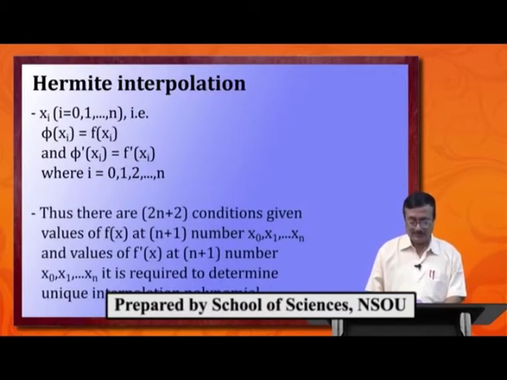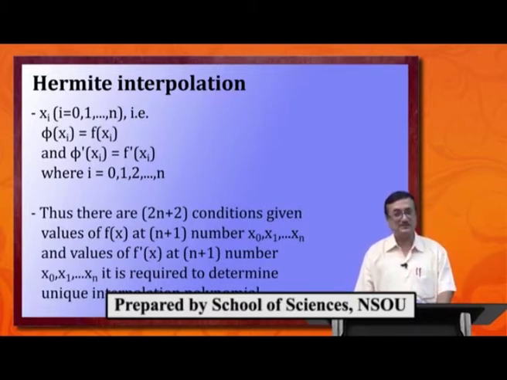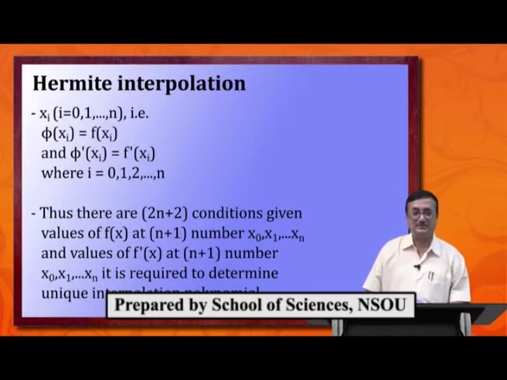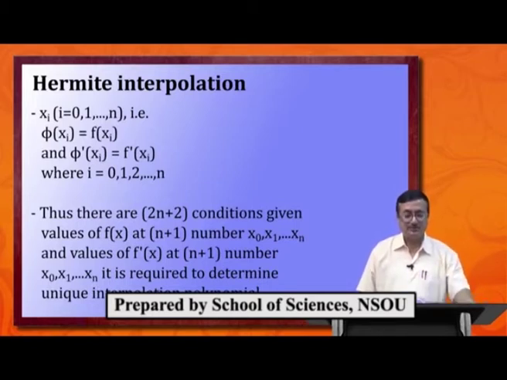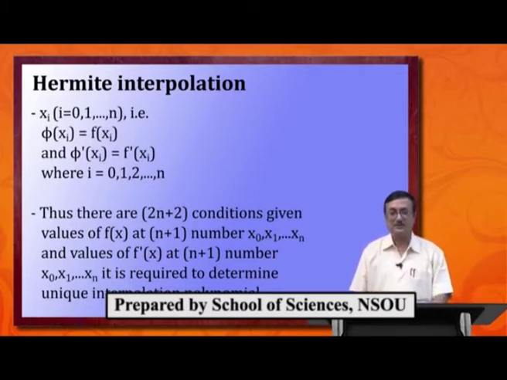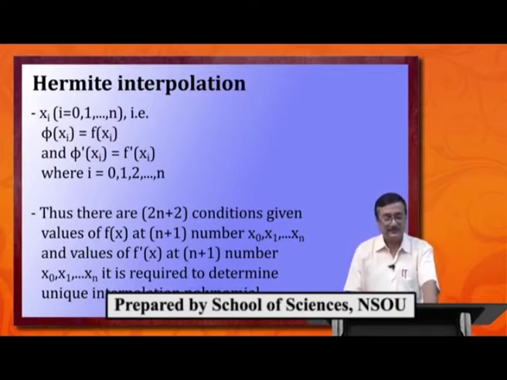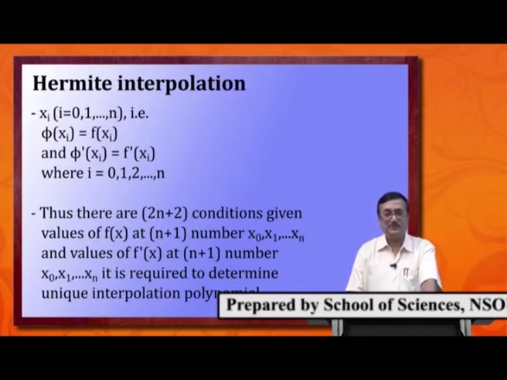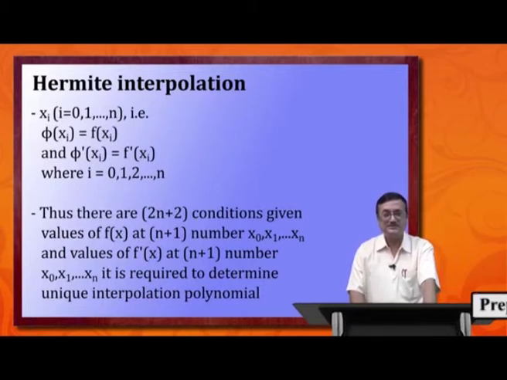So there are n plus 1 conditions regarding the values of the function and another n plus 1 conditions regarding the slope of the function at the designated points. So altogether we have n plus 1 plus n plus 1, that is 2n plus 2 conditions given to us. It is therefore that we require to determine a unique interpolation polynomial phi(x) over the entire region AB of maximum degree 2n plus 1.